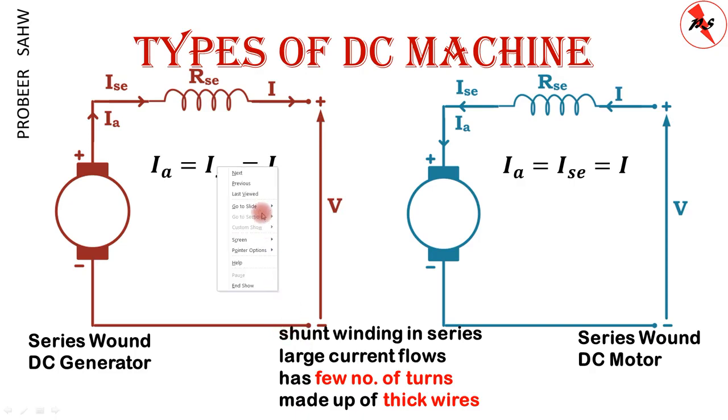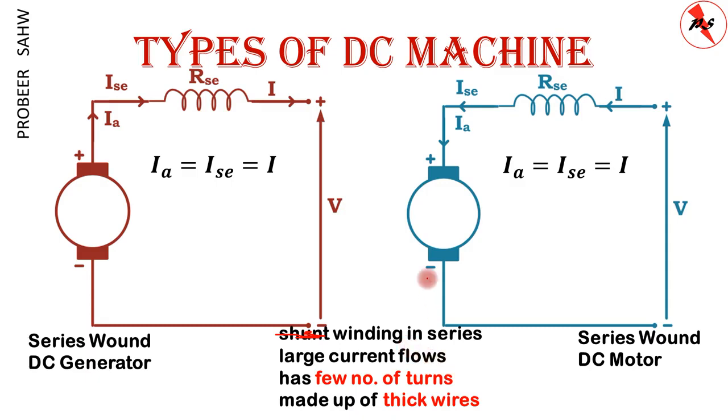This is the series winding. The series winding is in series and a large current flows through it. Therefore, only a few turns are sufficient for production of a strong magnetic field. But it has to handle that large current.